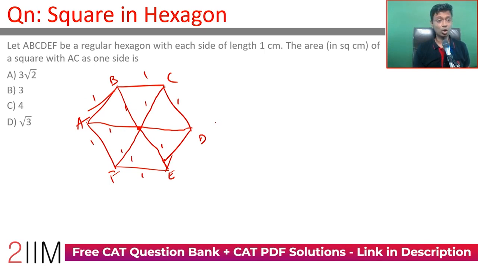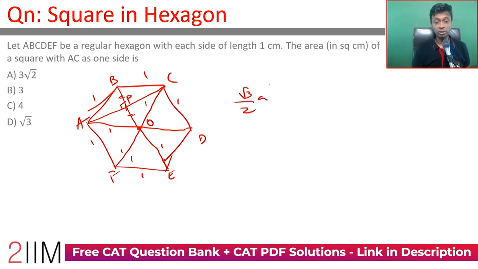Right? Area of a square with side AC as one side. This AC. Think about this. If we call this O, ABO is an equilateral triangle. ABCO is a rhombus. So this will be perpendicular and equal. So this will be root 3 by 2 times this. Altitude of an equilateral triangle is root 3 by 2 a.